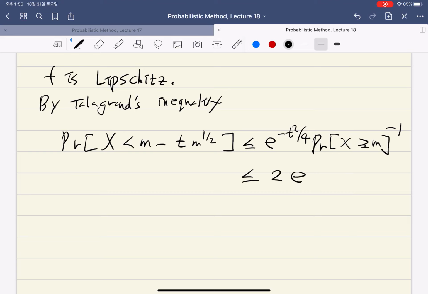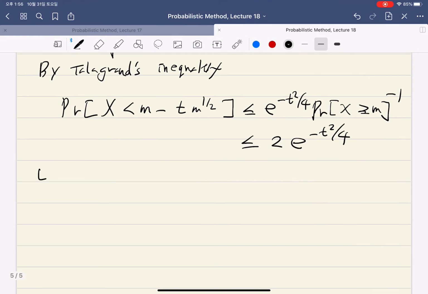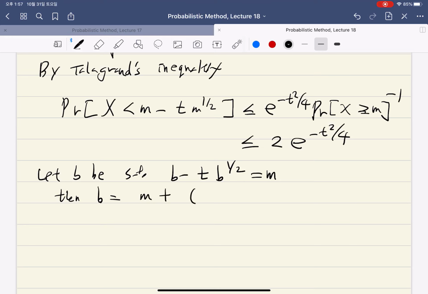So we get this. Similarly, we take B such that B minus t times B to the half is M. Then B becomes M plus 1 plus 0.1 times t times M to the half.